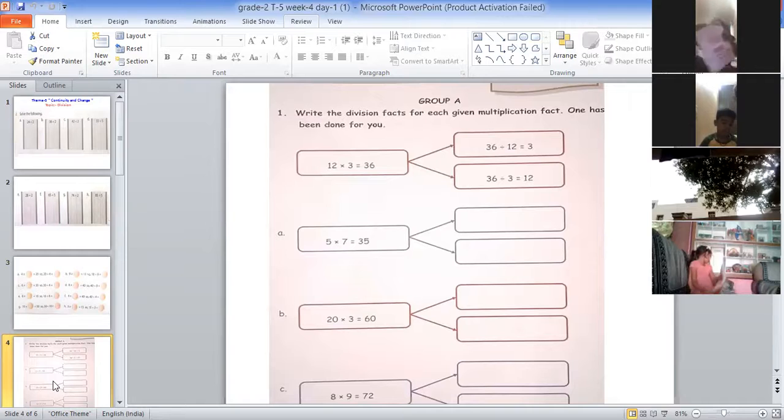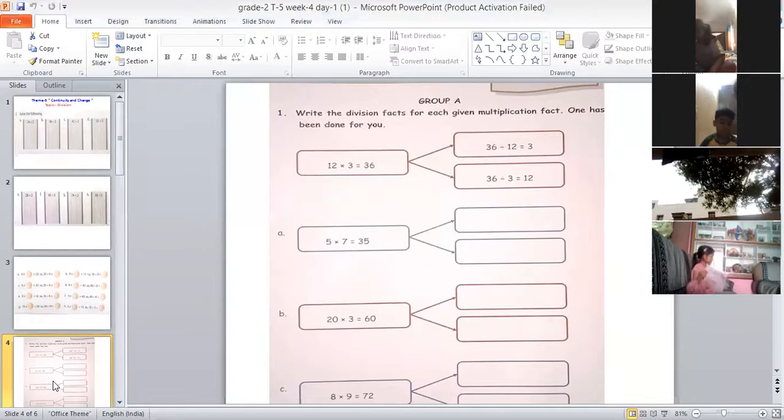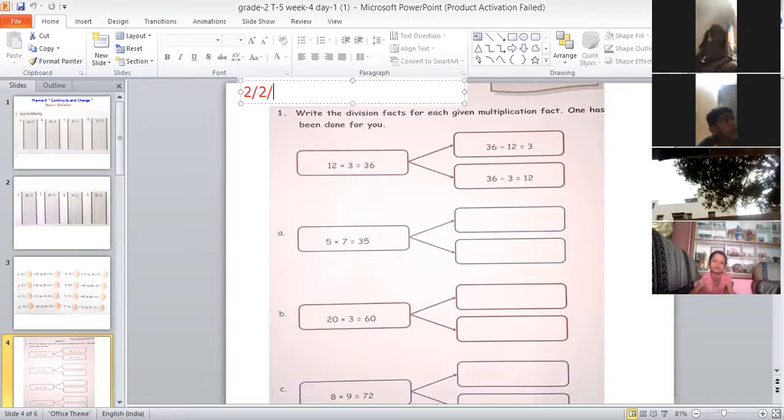Write the date and classwork. Today's date is 2nd February 2021. I'll write the date here.